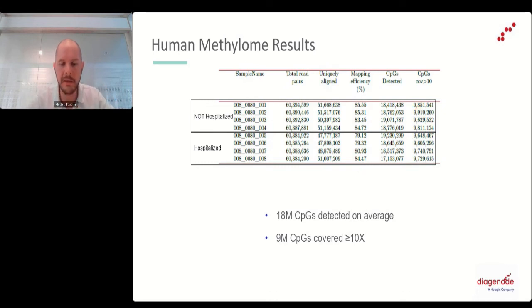Of course, here we have to mention that when we say that the human methylome targets 4 million CpGs, thanks to the Twist technology, which captures both strands, and to the NGS technology, which sequences both strands, the plus and the minus, we are actually doubling that number, because every CpG has a plus and a minus position. So we can actually also measure the methylation there. And that's why we have here 9 million covered with a high coverage.